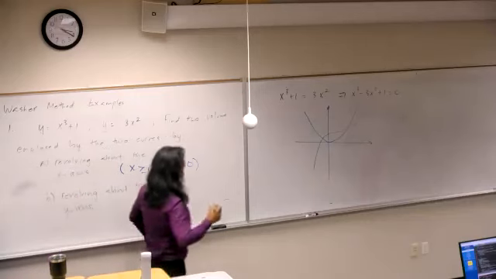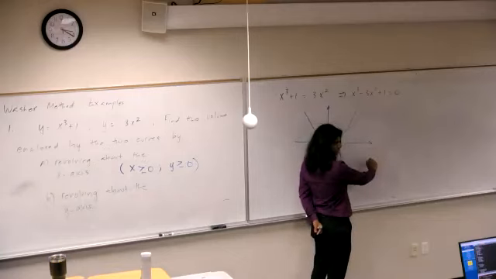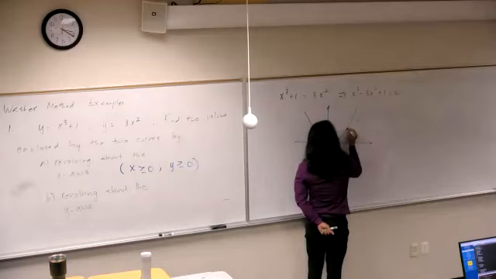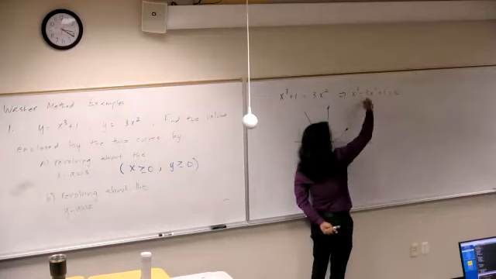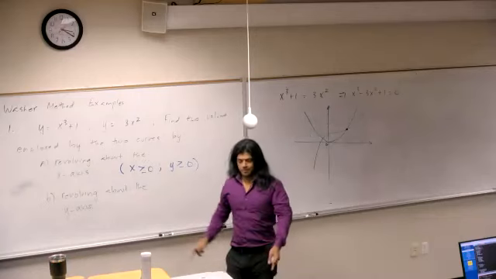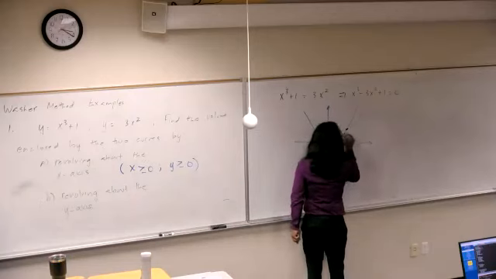I have restricted my enclosed area. X greater than or equal to 0. Y greater than or equal to 0. That is my point of intersection. That doesn't matter because there is not another point of intersection. All I care about is that part.